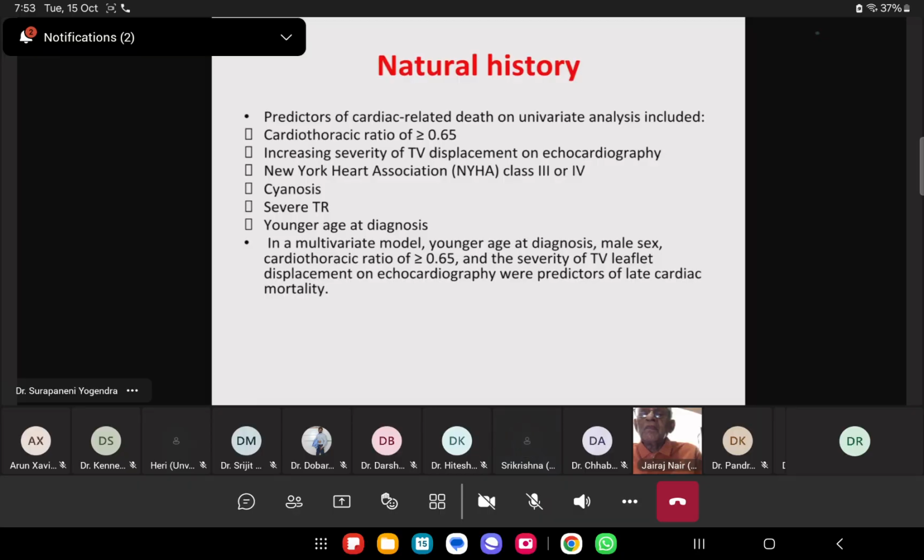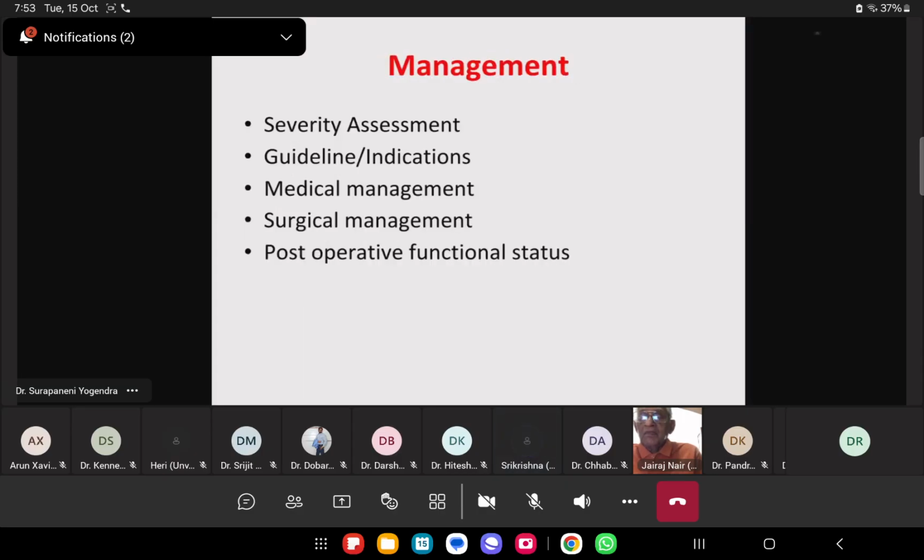In a multivariate model, younger age at diagnosis, male sex, cardiothoracic ratio of more than 0.65, and severity of tricuspid leaflet displacement on echocardiography were predictors of late cardiac mortality. Management includes severity assessment, guidelines or indications for intervention, medical management, surgical management, post-operative functional status.